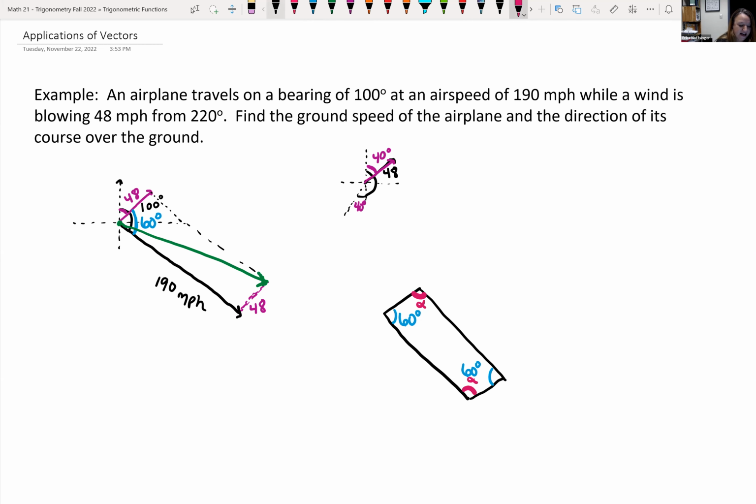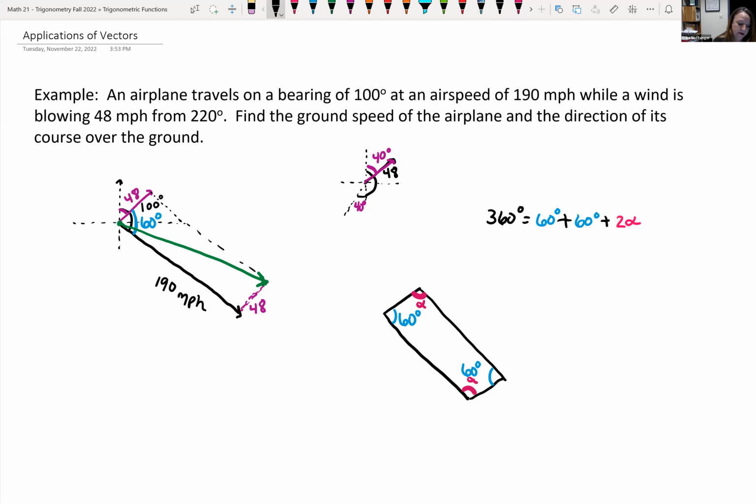So I know that 360 degrees should equal the sum of all my angles. So 60 degrees plus 60 degrees plus alpha, which is 2 alpha. So let's solve for alpha.